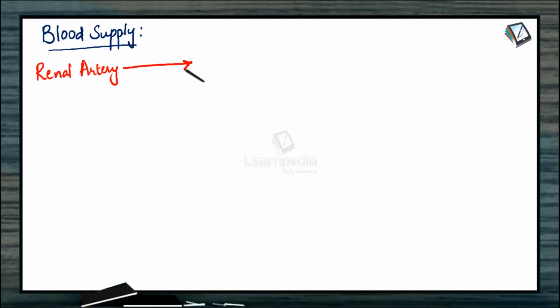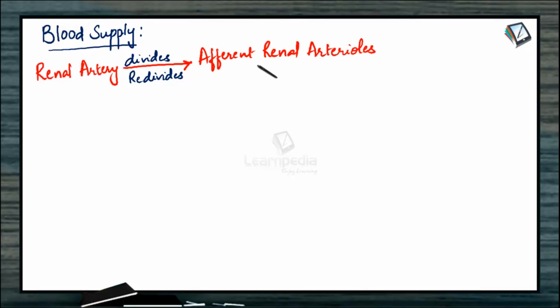Coming to blood supply, the renal artery, after entering the kidney, divides and redivides to form various afferent renal arterioles. This afferent arteriole enters the Bowman's capsule and forms the glomerulus. Now, the arteriole which leaves the glomerulus is known as the efferent renal arteriole.